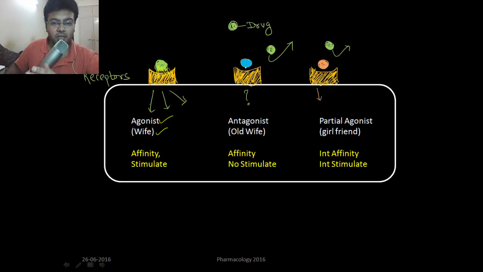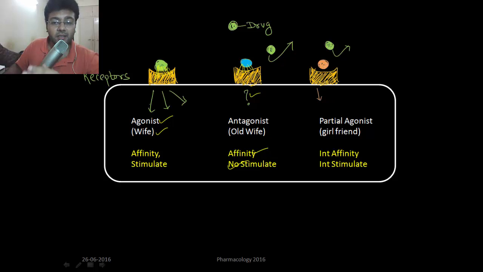Now what about a drug which binds to the cell very strongly but doesn't stimulate the cell, and on top of that doesn't allow agonists to bind? These are antagonists: they bind to the cells strongly, have affinity but do not stimulate the cell, and on top of that keep the agonist away. These are called antagonist drugs.